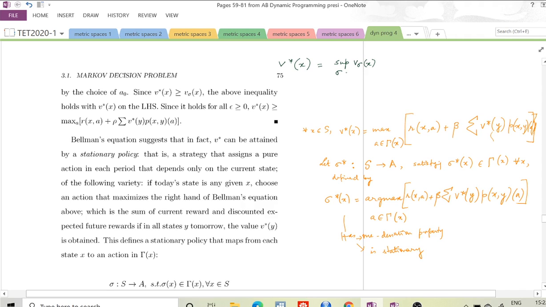So all possible feasible strategies. And we showed that this value function V star satisfies Bellman's equation, this equation here, right?